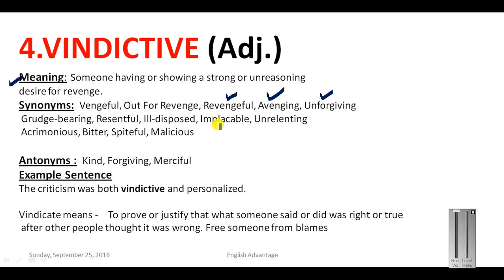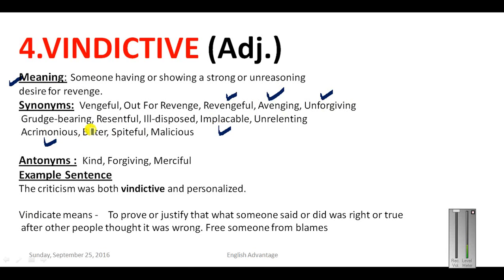Implacable, this is a good word, very important word. Ill disposed, and this term is normally connected with anger or dissatisfaction in something. Resentful, grudge bearing, very important words. Acrimonious means bitter at heart.